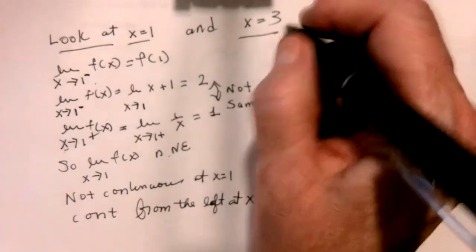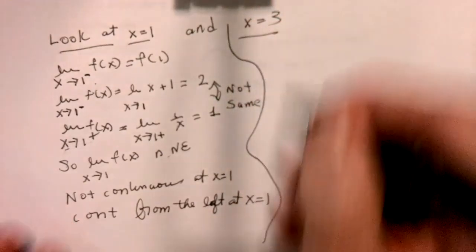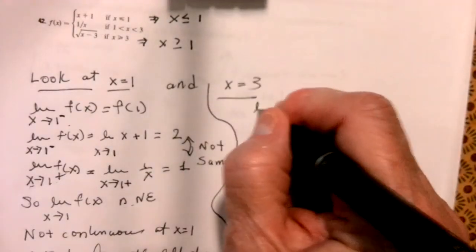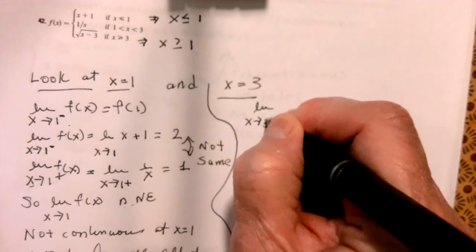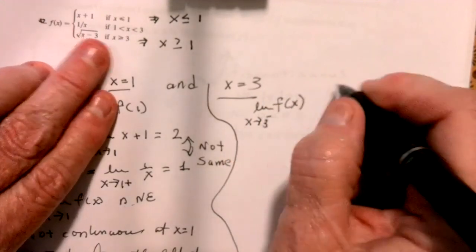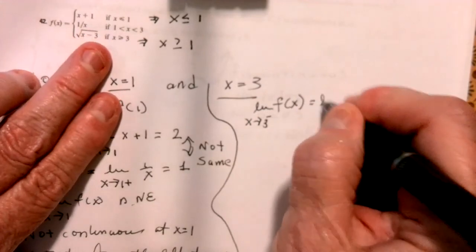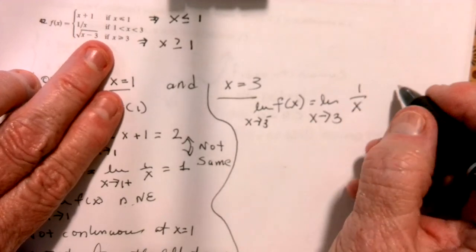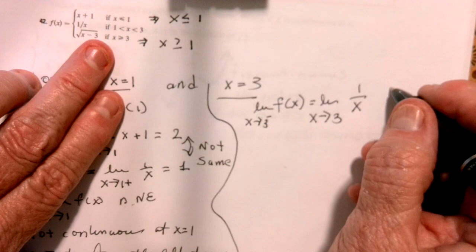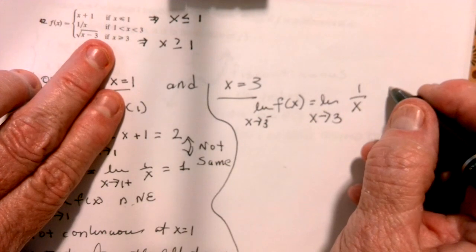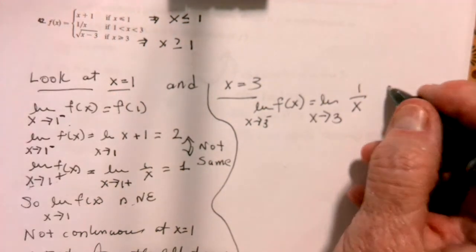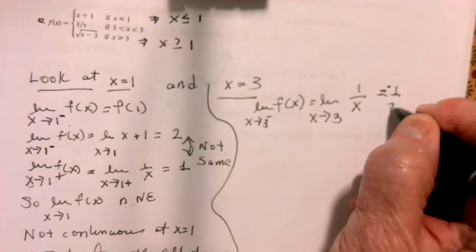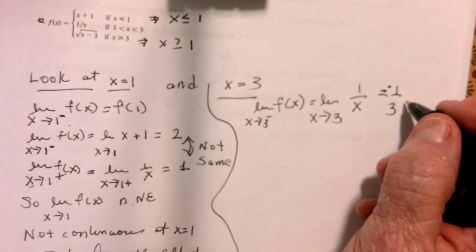Okay, and then let's go to x equal 3. Now, let's look at the piecewise function. The limit as x approaches 3 from the left, we're going to use this middle piece. So it's the limit as x approaches 3 of 1 over x, which is going to be equal to 1/3.